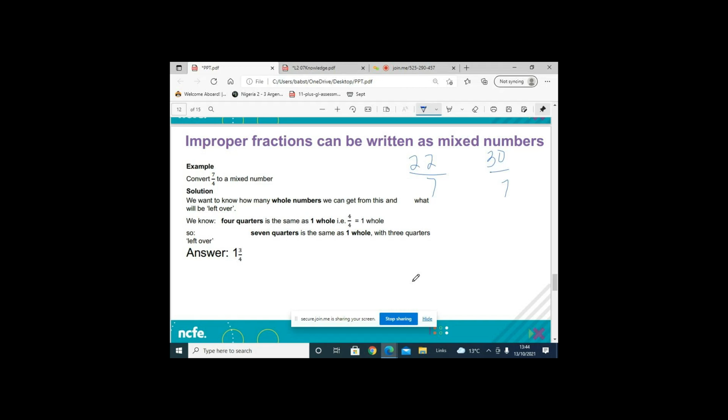The first one is 3 whole number 1 over 7. Yes. And then the second one is 4 whole number 2 over 7. Yes. I don't even know how I came about the answer. So how many times does 7 go in?